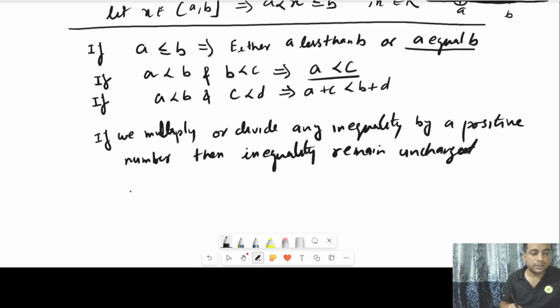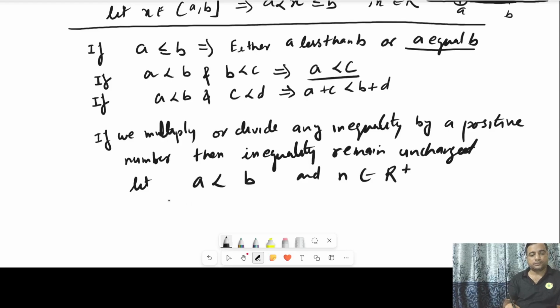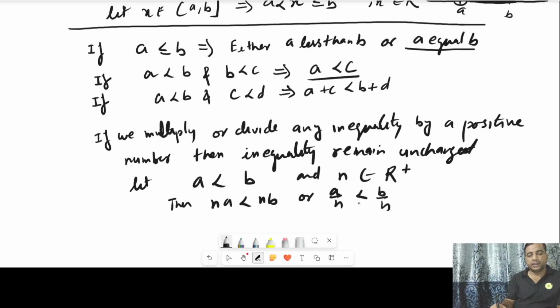Example: let A be less than B and n be any positive real number. Then nA is less than nB, or A by n is less than B by n. Here I am dividing by a positive real number n, and here I am multiplying by n. It is positive, so the inequality remains unchanged.